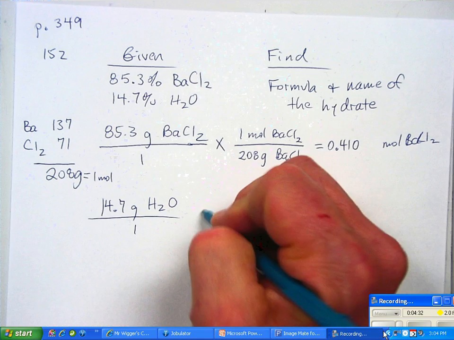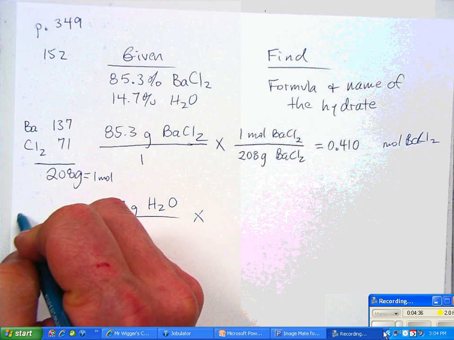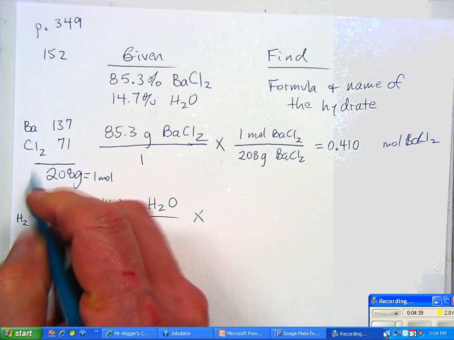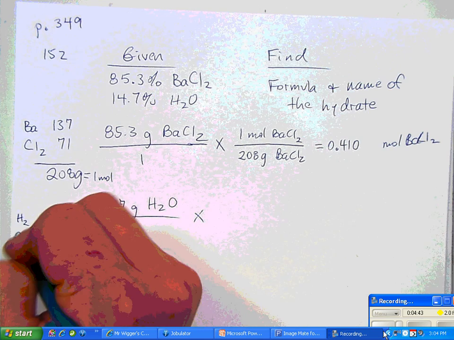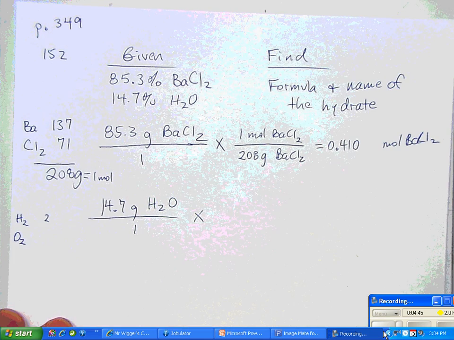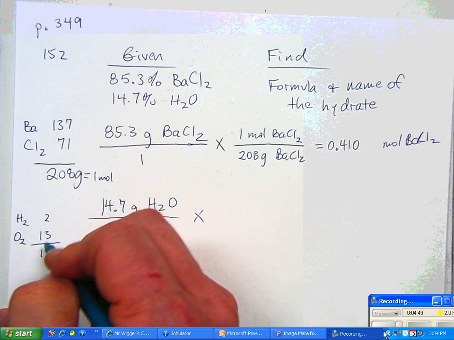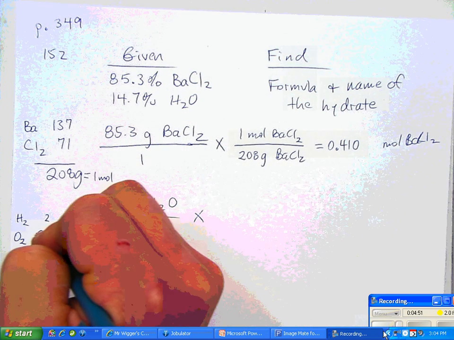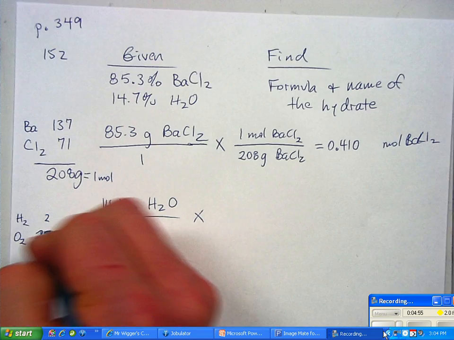Now, next thing we do is molar mass of water. H2, or 2 hydrogens, 1 each for 2. And then our oxygens, we have 2 times 16, 32. And we have, why do we have 2? Oh, we have 1 oxygen.